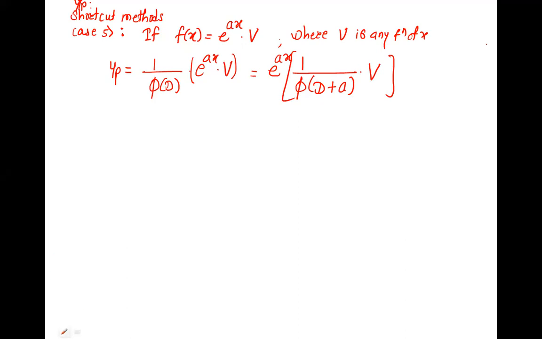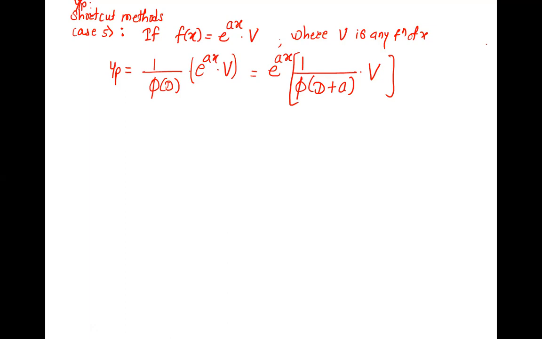Getting? So this v can be any of the shortcut cases we have seen, like polynomial or e, or sine cos. So we can solve this next. Clear? Are you clear? Yes, ma'am. But we don't just take out e raised to ax.